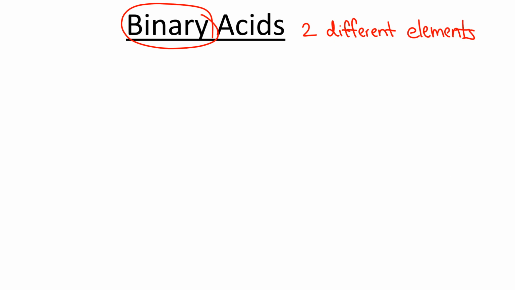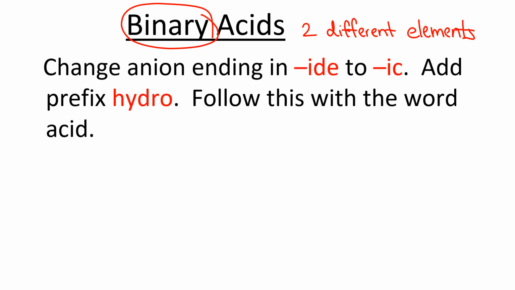What is one of those elements always going to be? Hydrogen. All right. So in a binary acid, we're going to look at the anion. In the formula, where is the anion located? The first element or the second element in a binary? The second. What charge is an anion? It's negative charge. Anion is always the second element. Cation is always positive. It's always the first element.